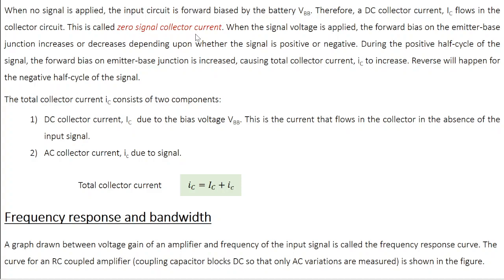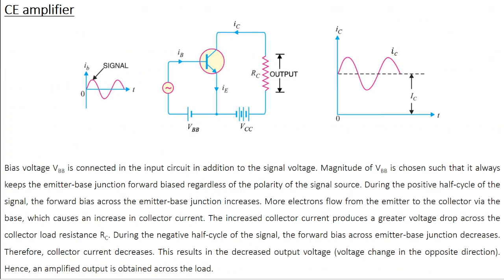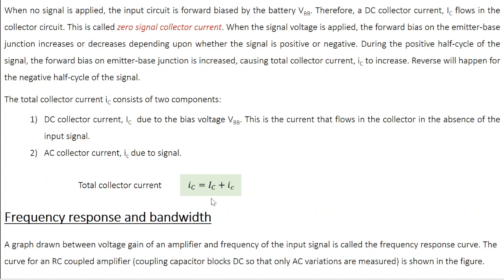This is your zero signal collector current. So the DC component is capital IC, and the AC collector current, small ic, is basically due to the input signal. So the total collector current, small i capital C, is nothing but the sum of the DC component, capital I capital C, plus the AC component, small i small c.